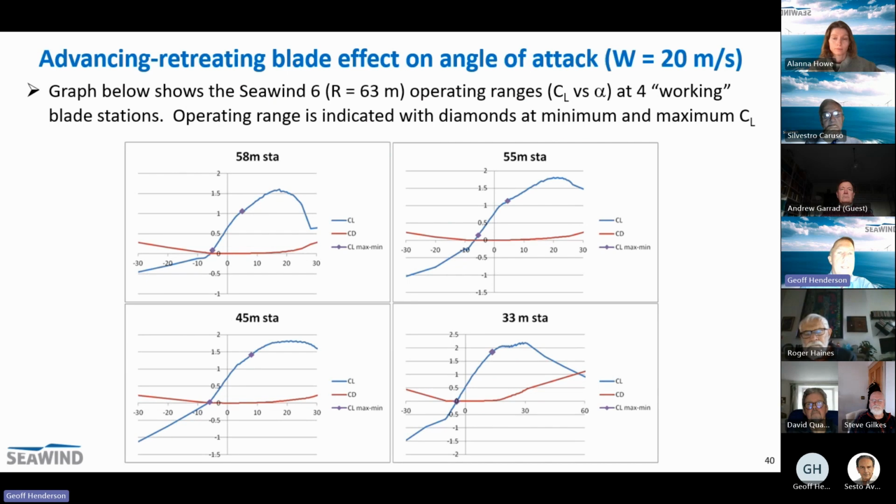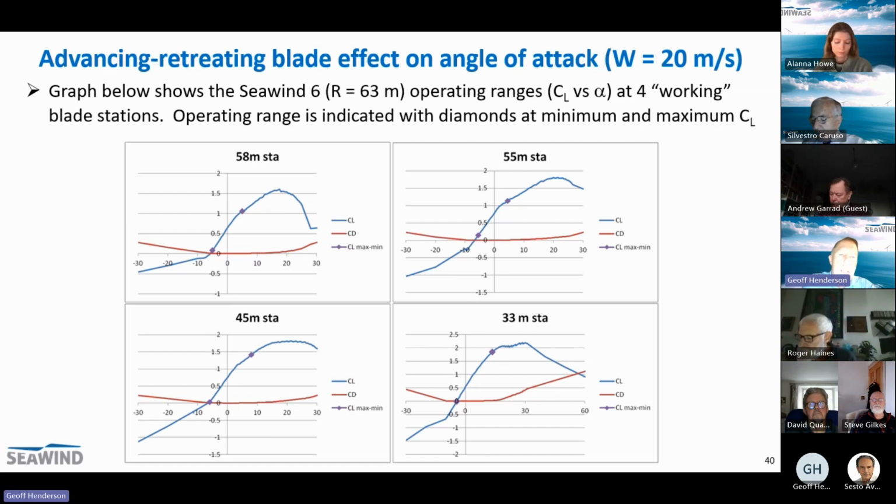So this is the advancing, retreating blade effect on angle of attack at a range of blade stations. So this is for a wind speed of 20 meters a second, and the blue line shows the lift curve. So it's very clear where the stall point is. The diamonds show the operating range for minimum and maximum lift coefficient.